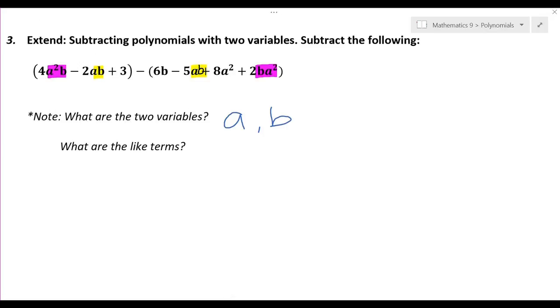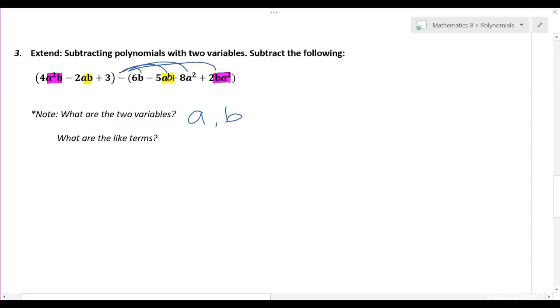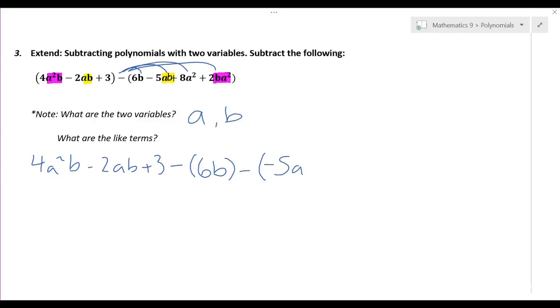So here we're going to want to subtract off each of the terms in our second polynomial from our first. So we have 4a squared b minus 2ab plus 3, and then subtracting each of the terms in the second polynomial as follows.